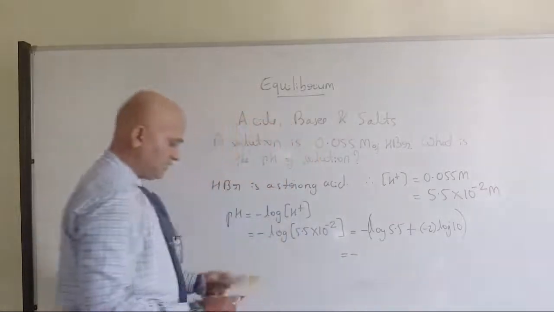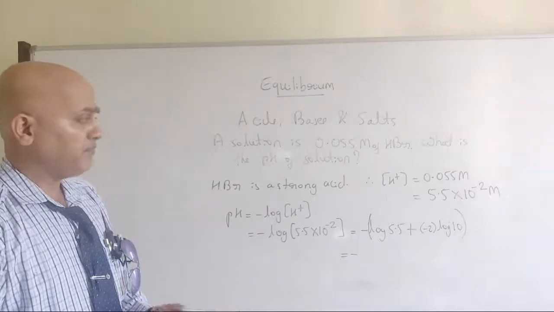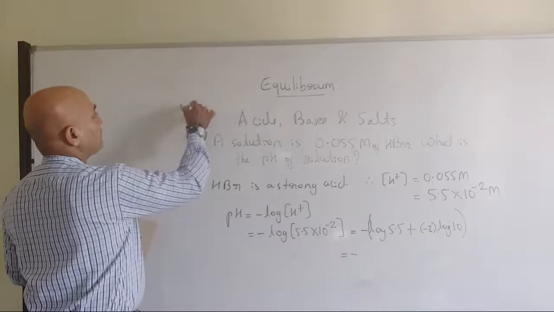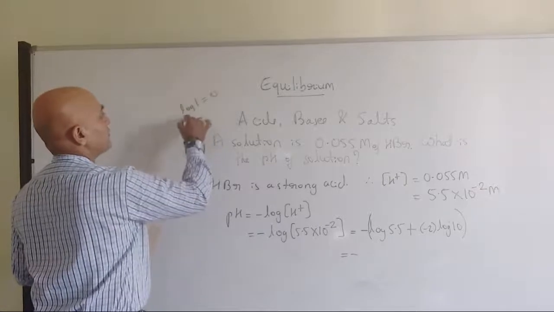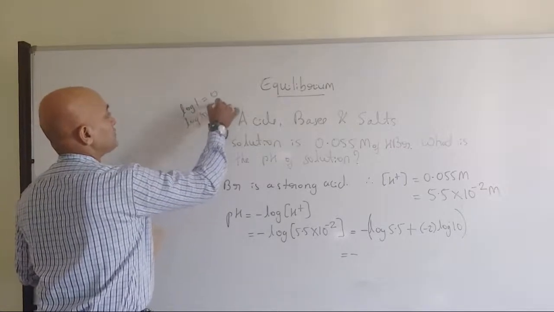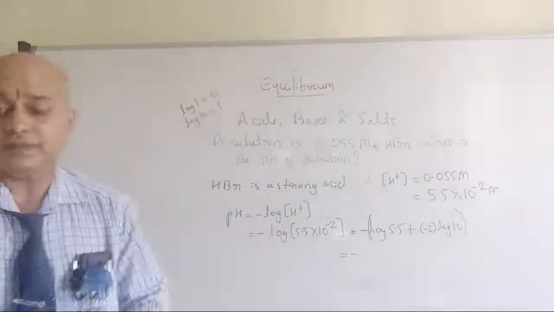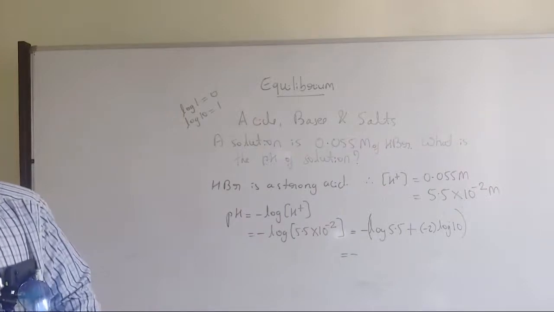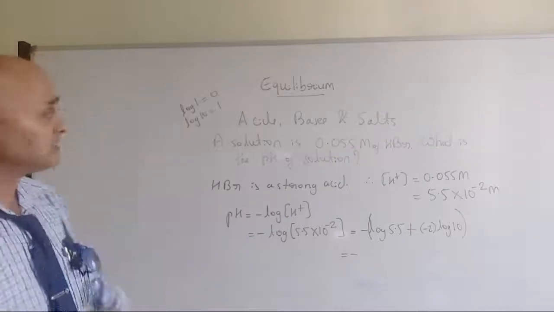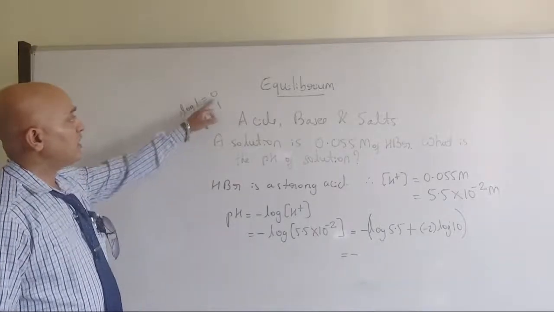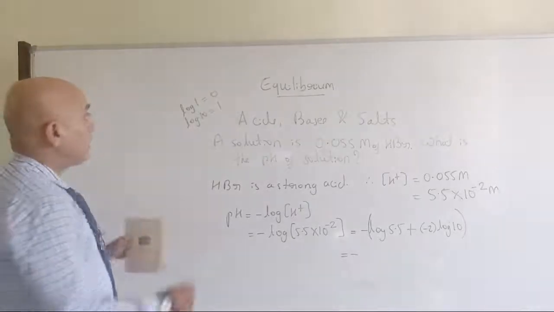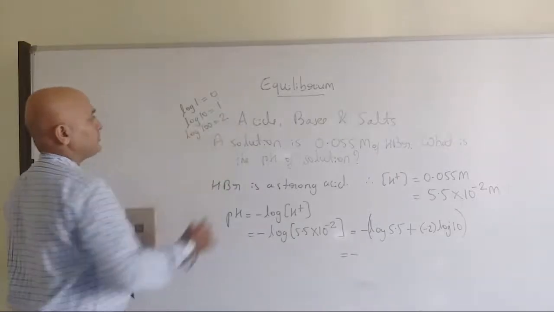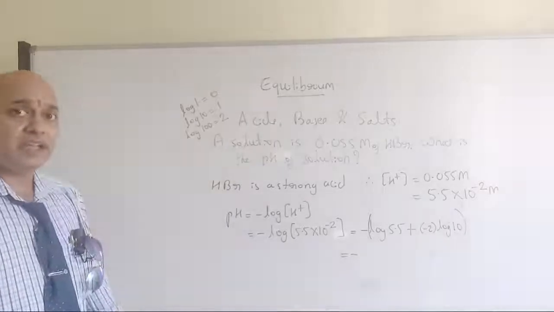Please remember that log of 1 is equal to 0 and log of 10 is equal to 1, because it is to the base of 10. Whatever 10 is there, in log scale it will become 1. So log of 1 is 0, log of 10 is 1, log of 100 will be 2.